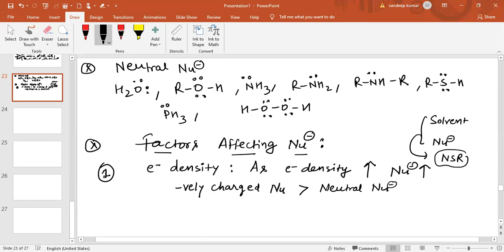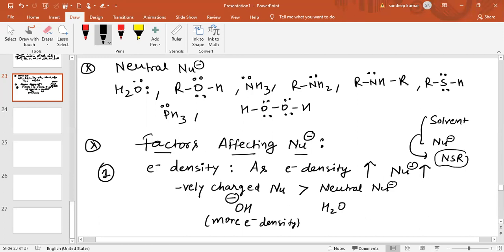How? For example, if there is OH minus and there is water, in OH minus, due to negative charge, there is more electron density on the oxygen atom.